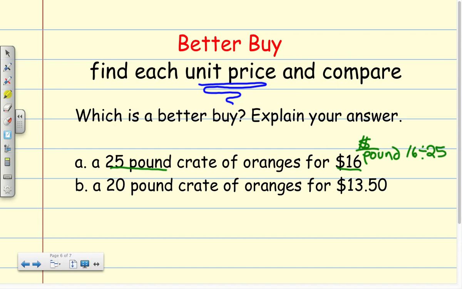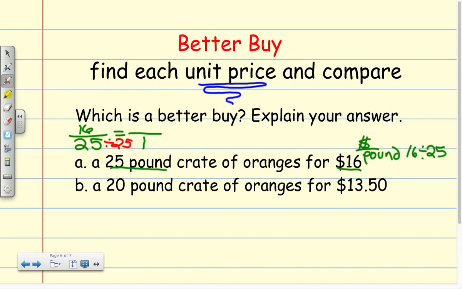And I am creating that equivalent fraction. I have 16 is to 25 as what would be to 1. I want to know how much for 1 then. And I said to myself, how did I get from 25 to 1? I divided through. Always, so 1 always wants to be the denominator for unit rates, always, always, always.